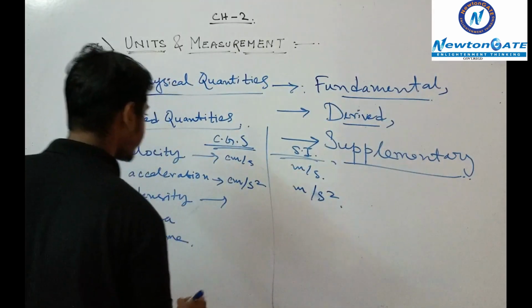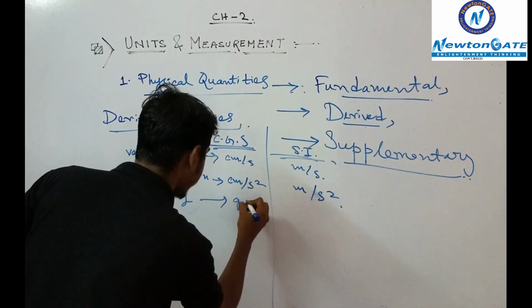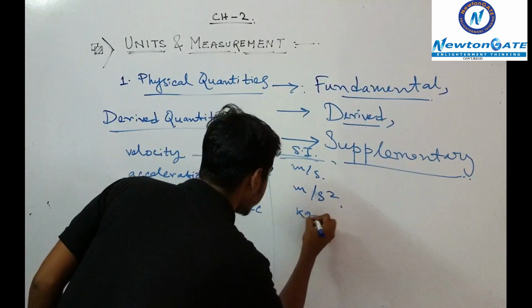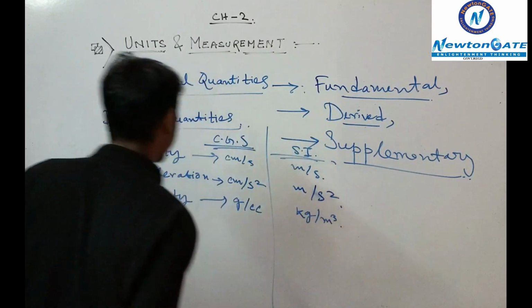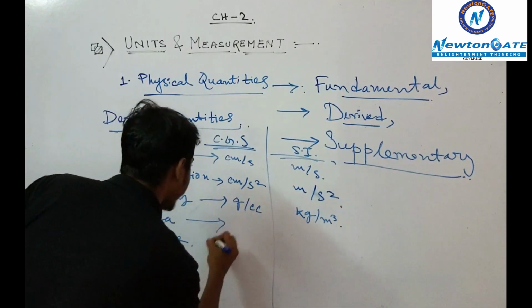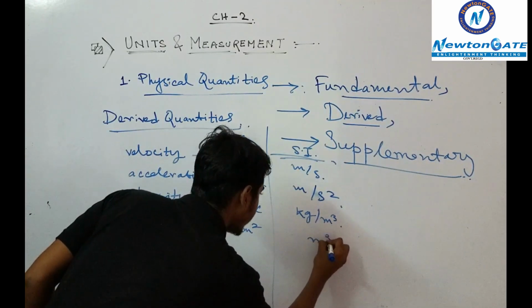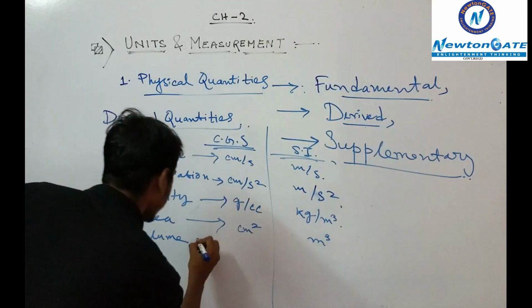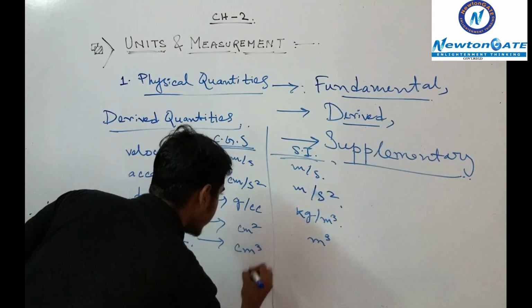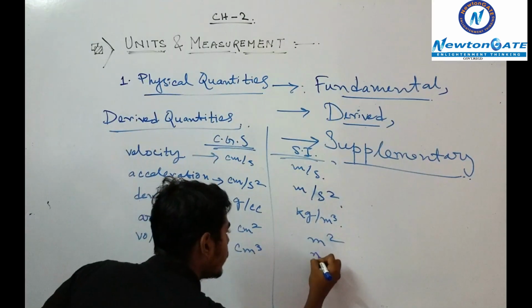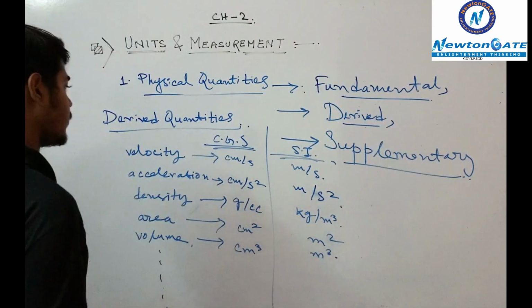Density will be gram per cc, that is cubic centimeter, and in SI it is kg per meter cube. Area will be centimeter square in CGS and meter square in SI, and volume will be centimeter cube and meter cube.